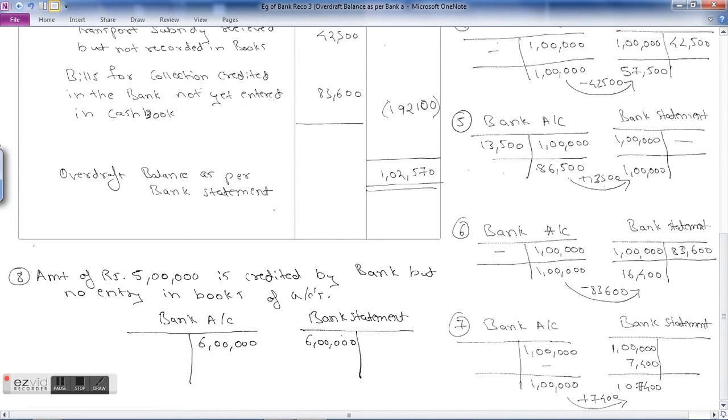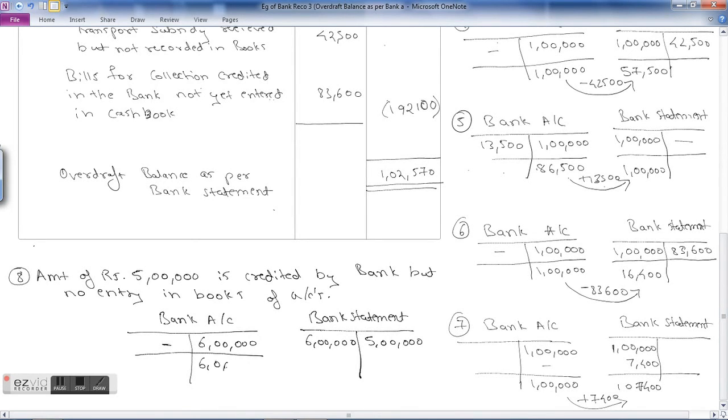So what has happened, an amount of rupees 5 lakh has been credited by the bank, so 5 lakh on the credit side of the bank, but no entry in the books of account. The party must have directly credited it to your bank account through bank transfer, but since no payment advice has been received, we didn't pass the entry in our books of account.